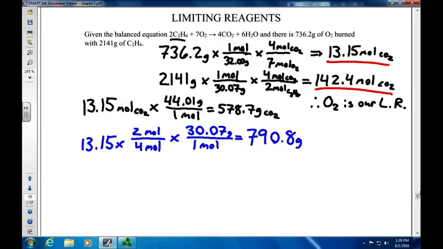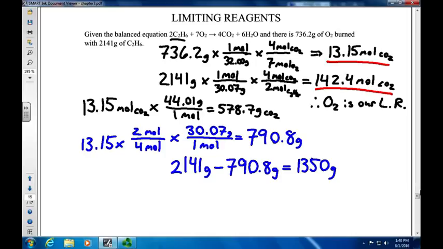So from there, we simply take the total amount of ethane, 2,141 grams, and subtract the 790.8 grams, and we are left with 1,350.2, but because we're using significant figures and the least number of digits following a decimal is 0, we're going to leave it at 1,350 grams.